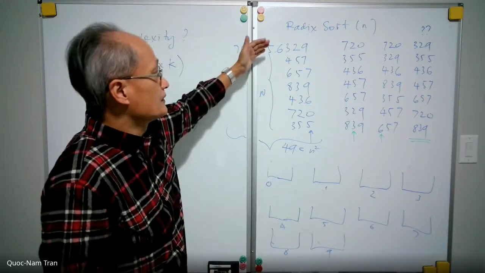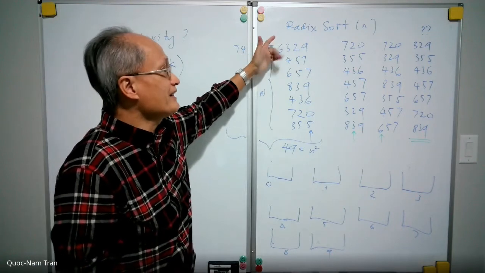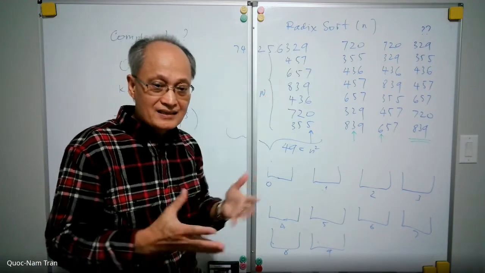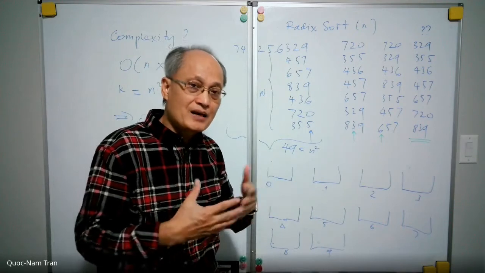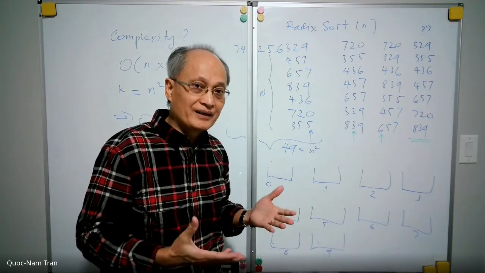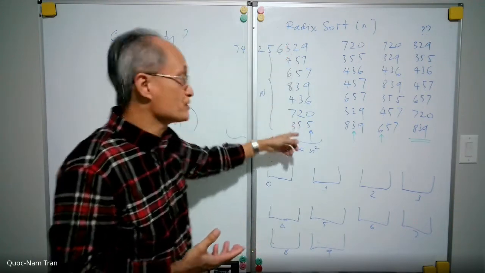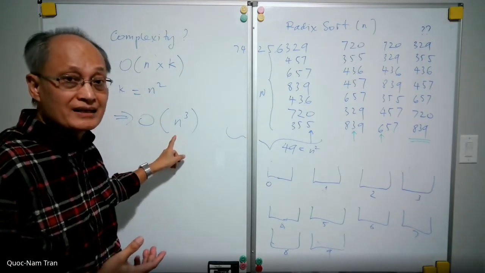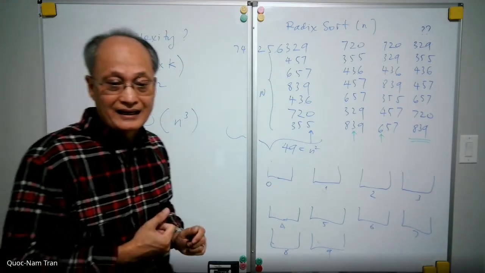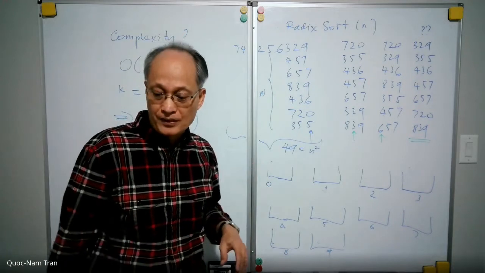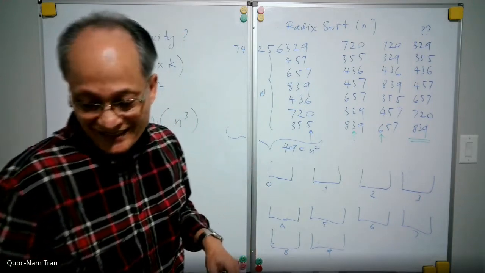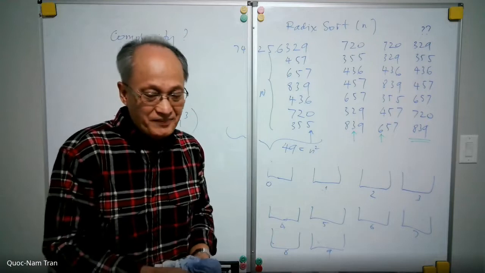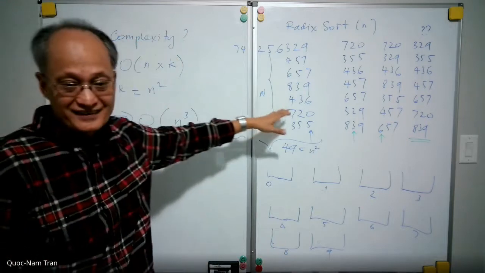And at first look, we may think that radix sort is a linear sort, meaning big O(n), but it's not, right? For the worst case situation like this, it's much worse than n log n, like we have for quicksort and merge sort. Okay. Any question about this?